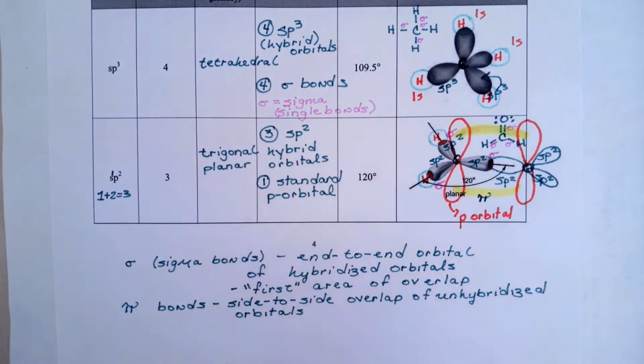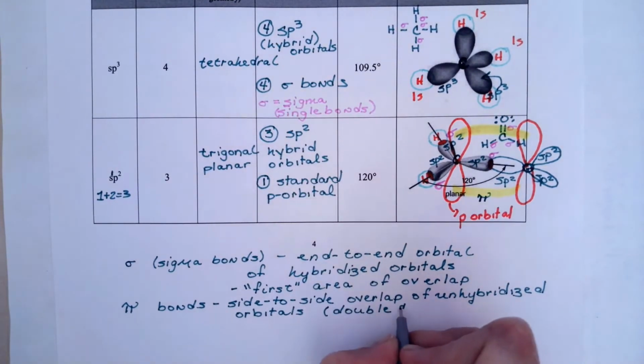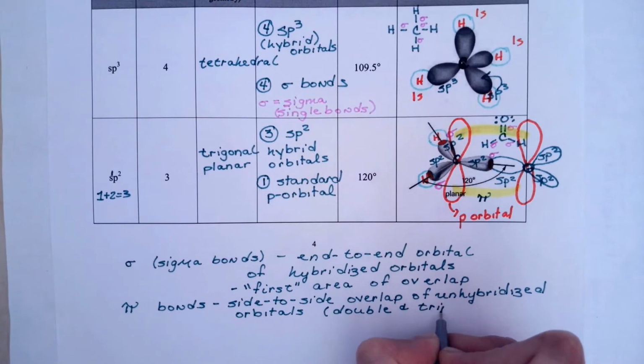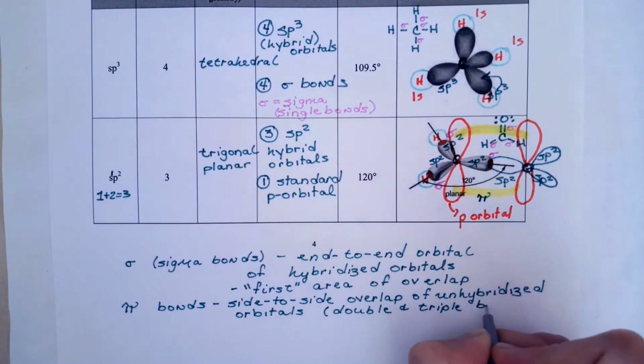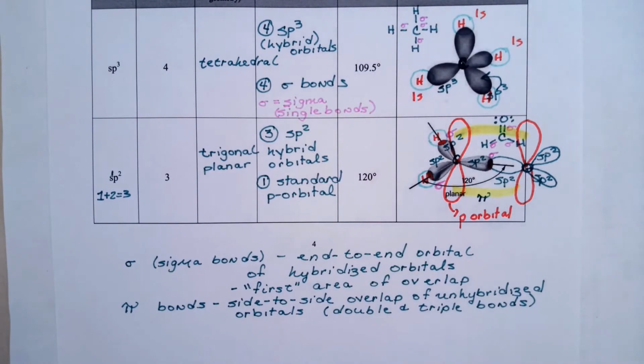The pi bonds occur in double and triple bonds. The first bond is going to be a sigma, but then after that, the second and third bonds will be labeled as pi bonds because they're side-to-side overlap.